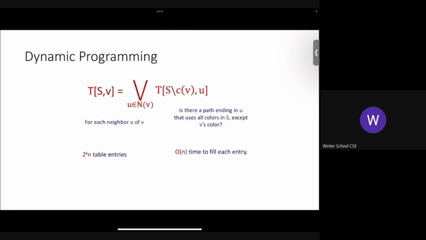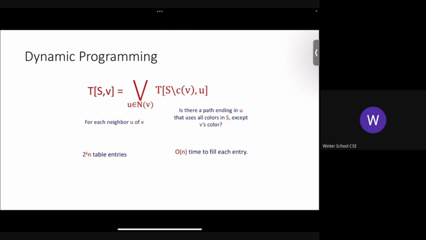So when I have to compute this value S of V, I go through all neighbors of the vertex V, and I look at the subset of colors without the color of the vertex V, and then I look if I can use all these colors and come here. And if in at least one case I can do it, then this is true. If not, this is false.